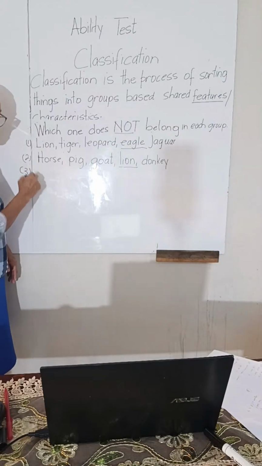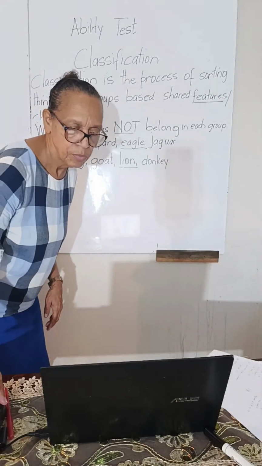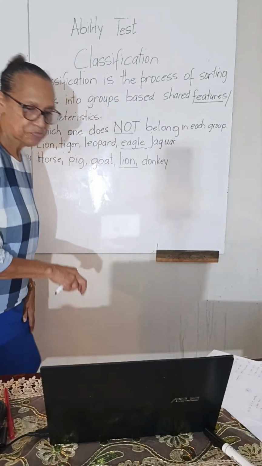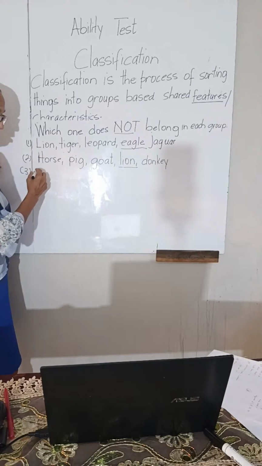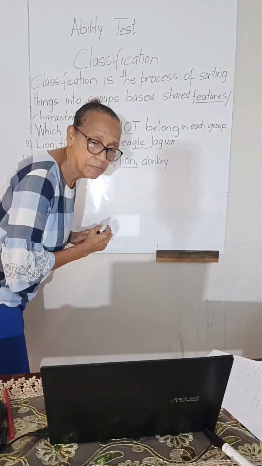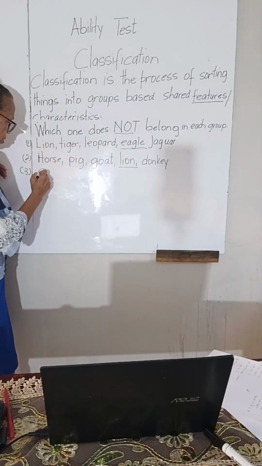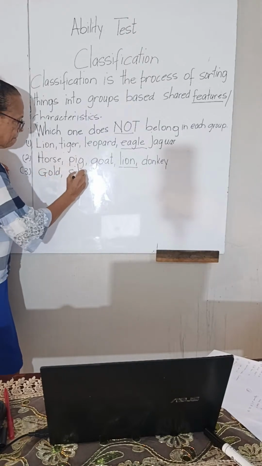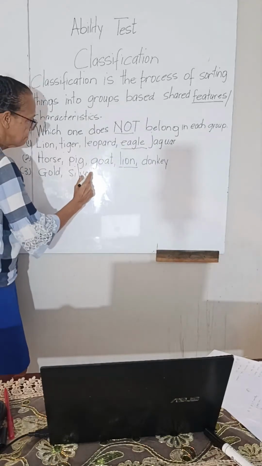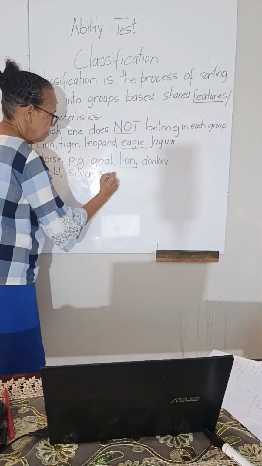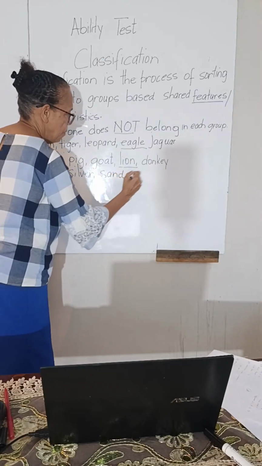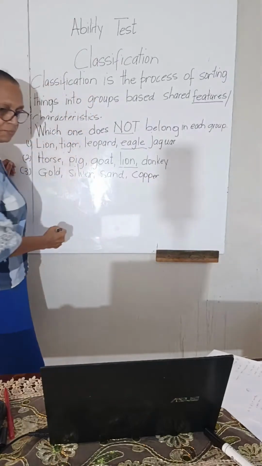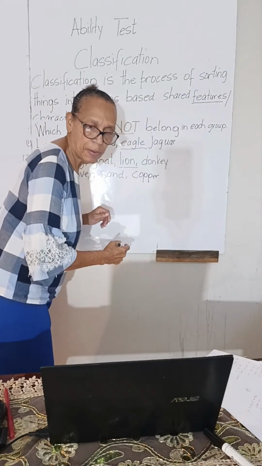Number three is gold, silver, sand, copper, pearl.